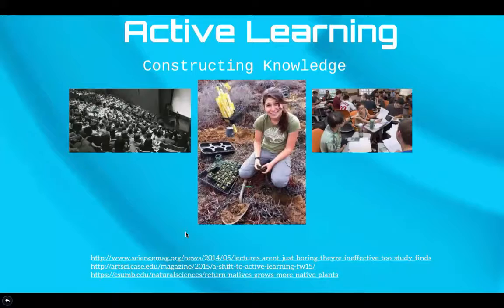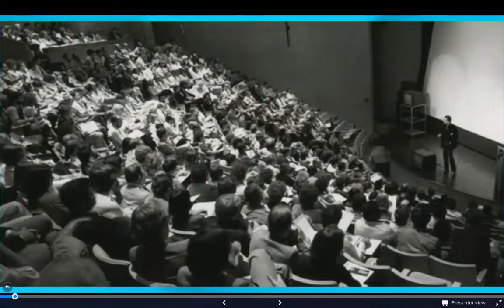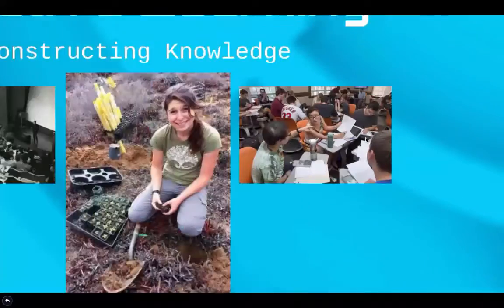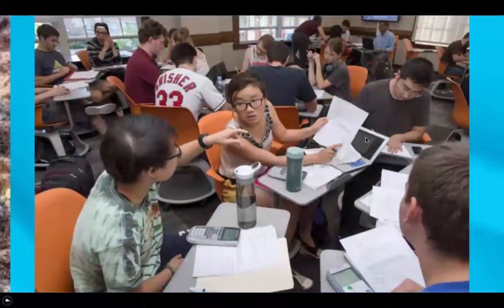If you think back to a traditional lecture hall, it probably looks something like this, where you had a sage on the stage and you had students who were passively listening, perhaps taking notes, but not necessarily engaged in the work itself. Data has shown that students now are far more successful in the classroom when they are engaged in active learning strategies.